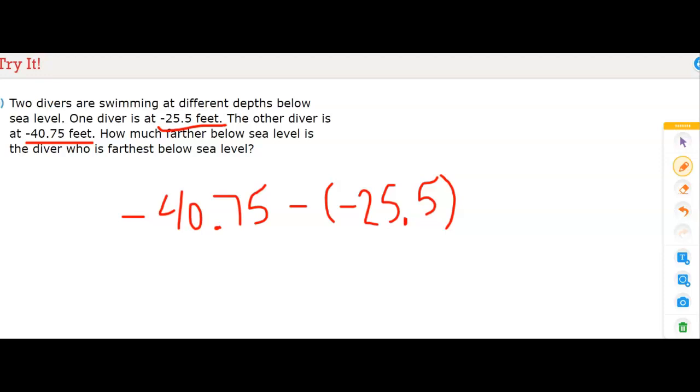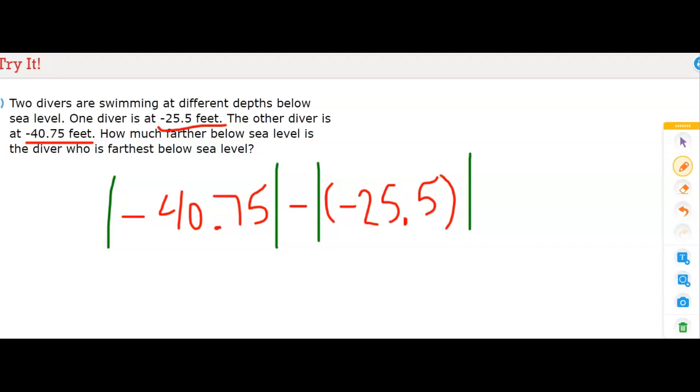We only want to know the depth. We want to know how much farther. So it's not going to be a negative or positive per se. So I'm going to use absolute value bars, and those absolute value bars keep our answer as just the distance between one diver and the other diver.